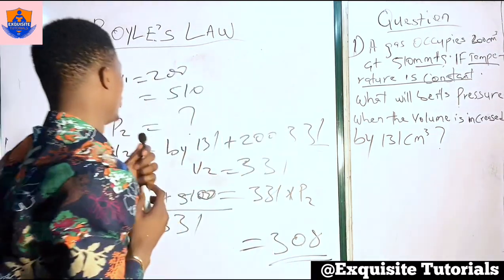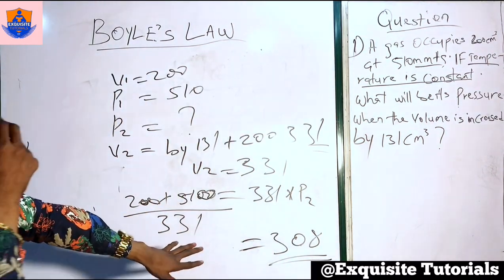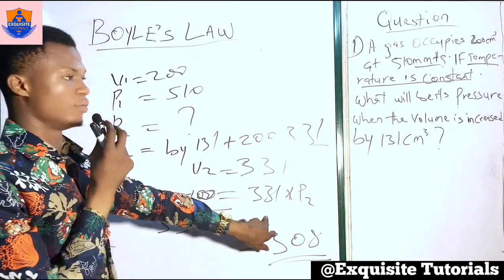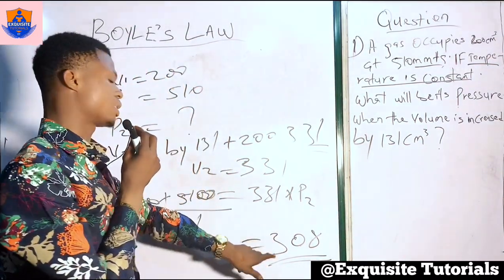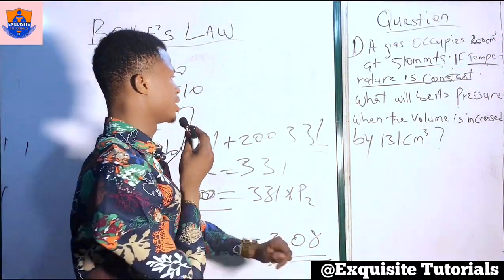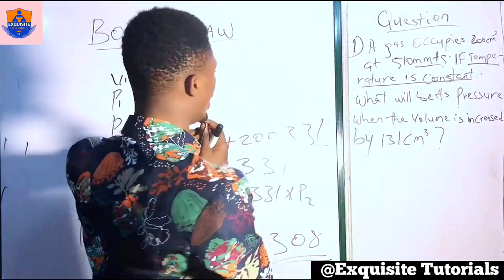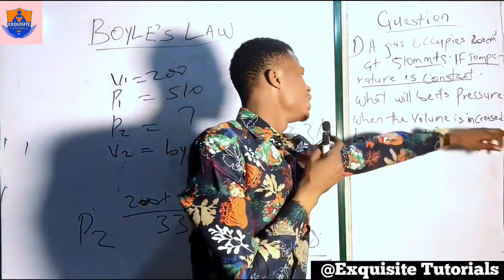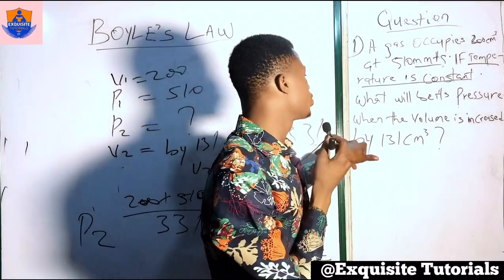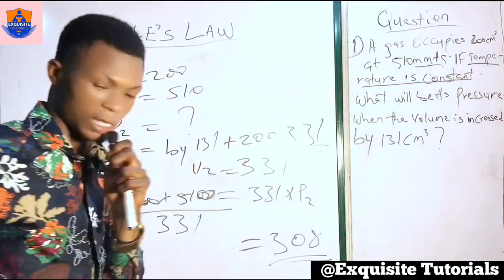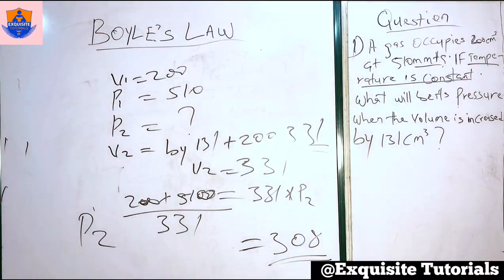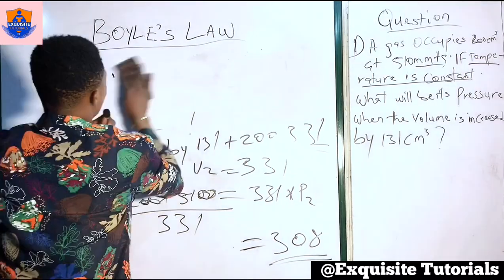Now you see how understanding the question matters a lot. The first one was 778.6. This one is 308. What changed here was the English, changing to the other wording.